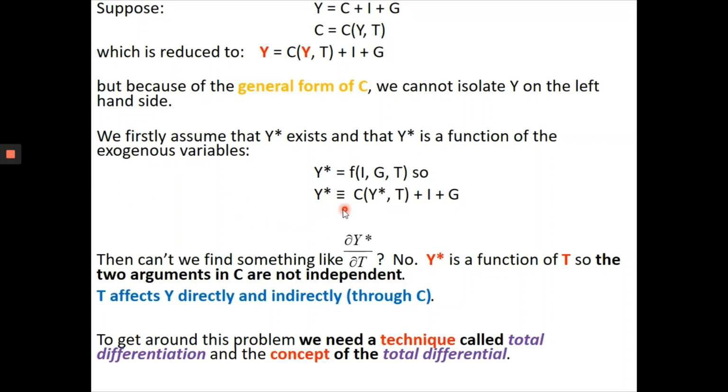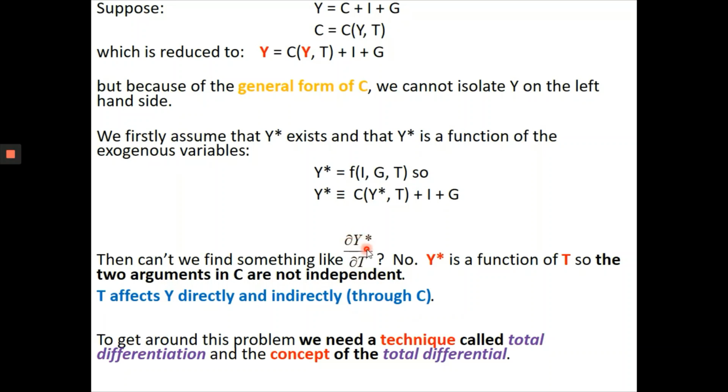We cannot partially differentiate this identity to give us any desired comparative static derivatives. For example, we cannot work out how an infinitesimally small change in T would affect the equilibrium level of income.